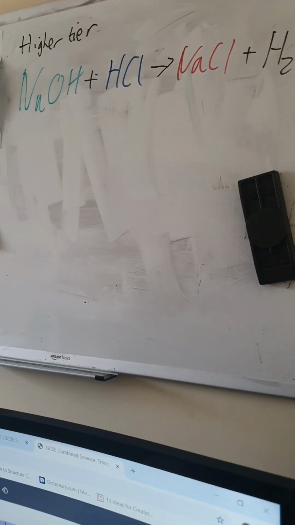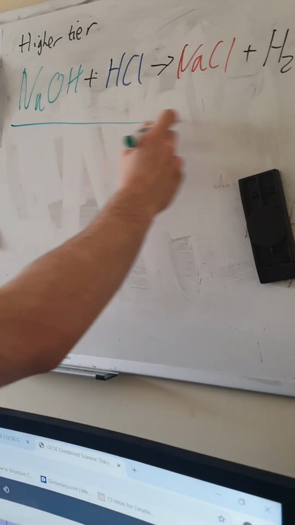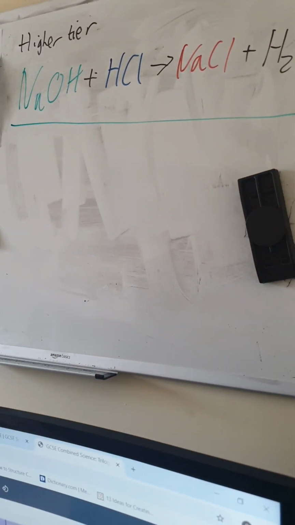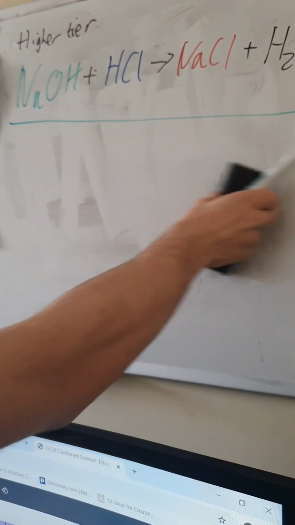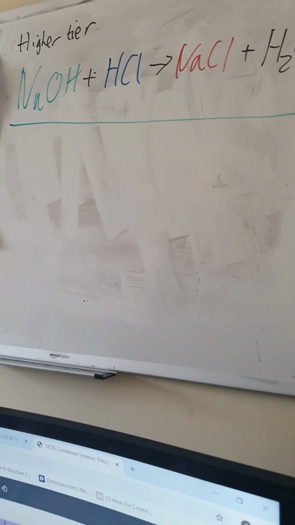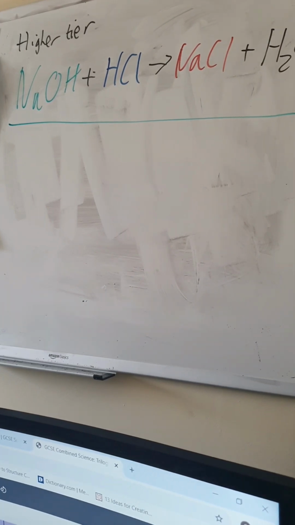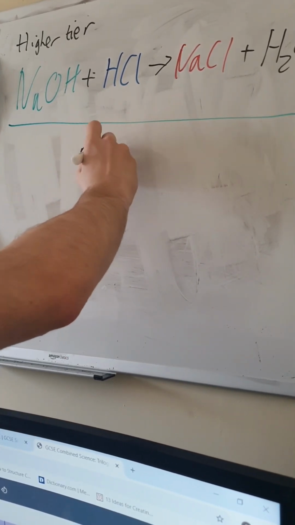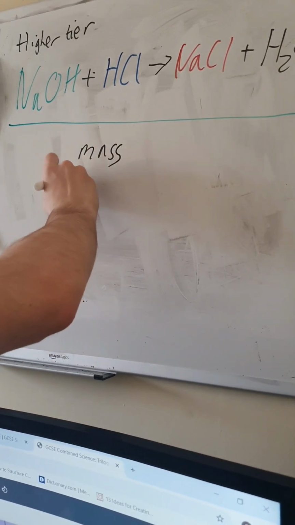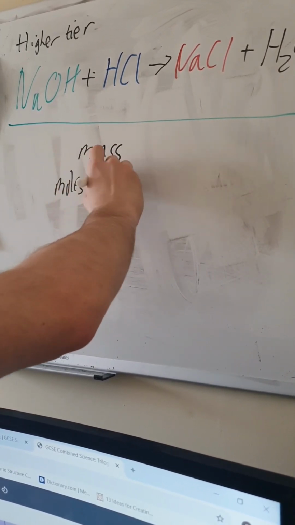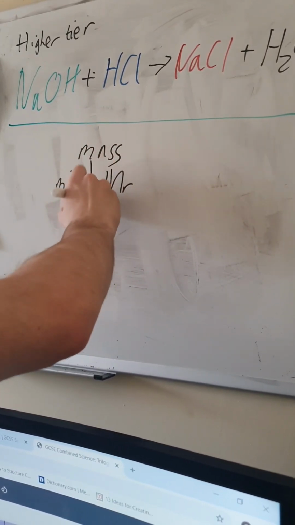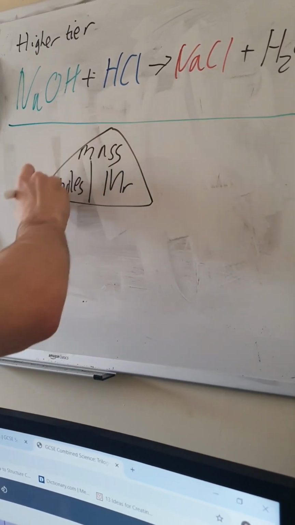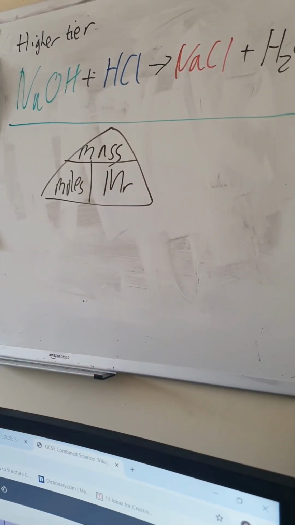Now, another thing to note, and don't worry about this at the moment, that's just for later, is that there is an equation that goes with moles. We have mass, moles, and MR. I hope a lot of you can get versed with this one quickly because it's quite important.